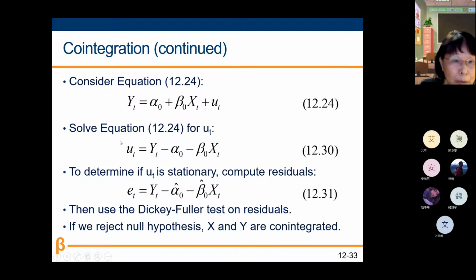Actually this ut is the error term, but if we do have the data, then using the regression, alpha 0 hat and beta 0 hat are the estimates of the regression of yt on xt. So this is the residual.